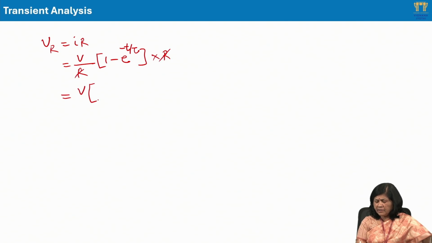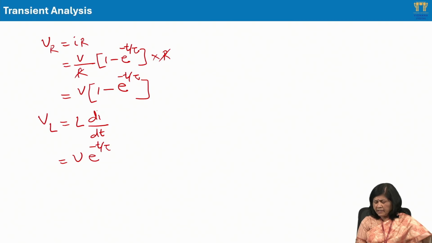I get the voltage across the resistance with the same nature as the current. Voltage across the inductance is VL equal to L di by dt. When you differentiate this, you get V e to the power minus t by tau.